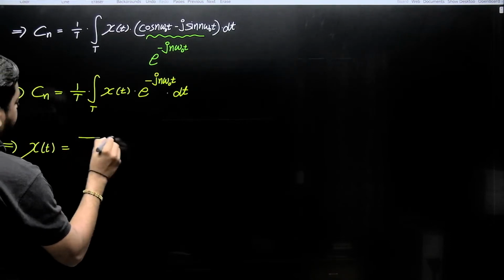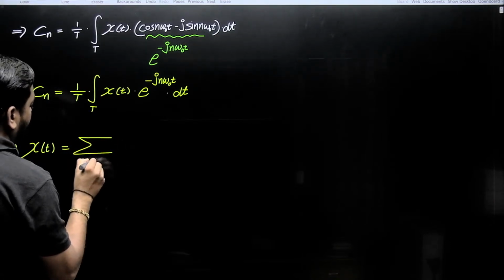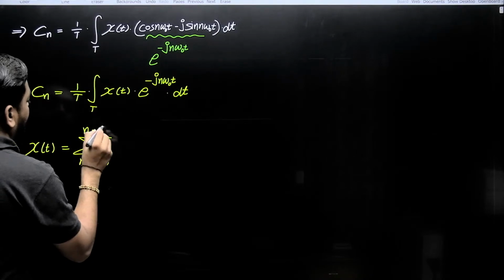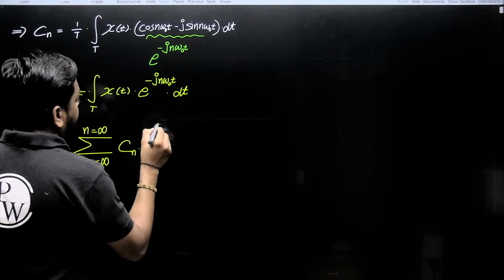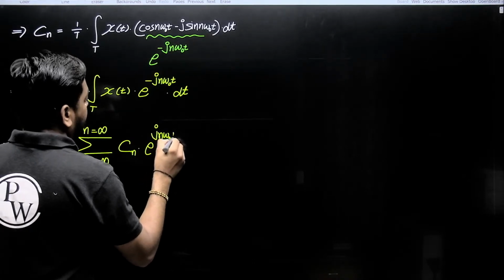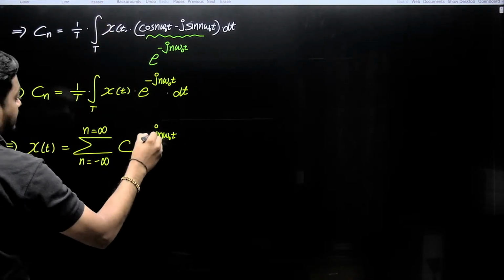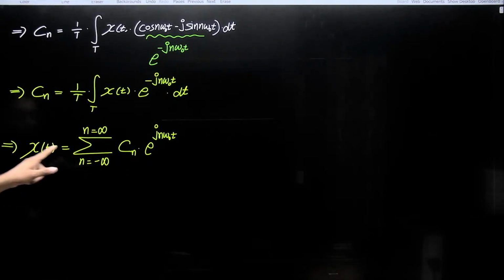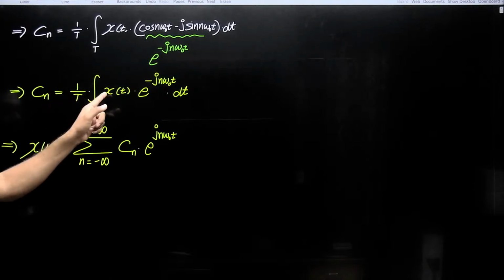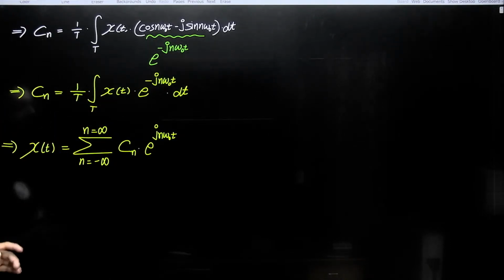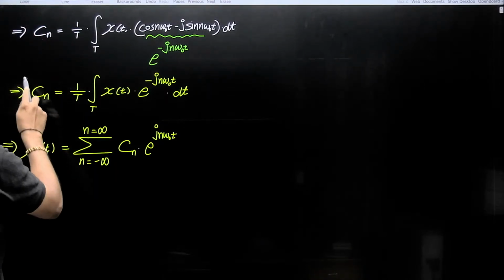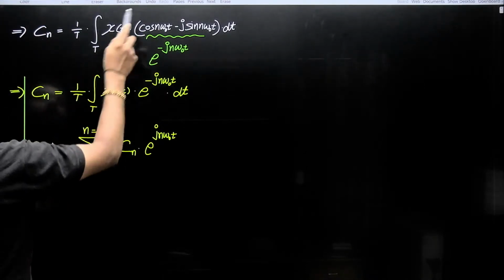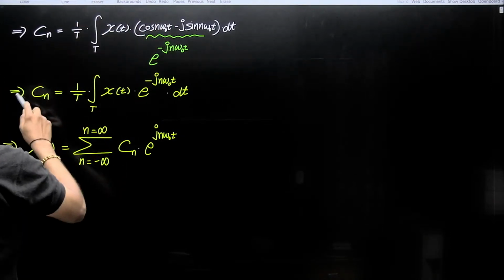Already we have just seen that. c n is given, and we want to find x of t, with this formula. If x of t is given and we want to find c n, then this is the formula. So here c n and x of t are the Fourier series pair. Correct.